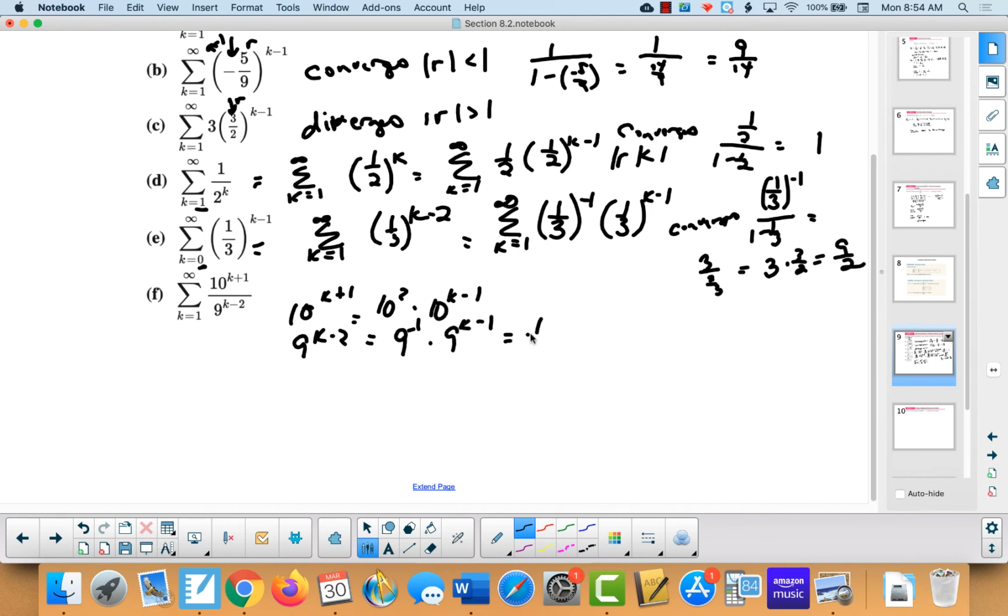And so that's the same as 1/9 times 9 to the k minus 1 power.